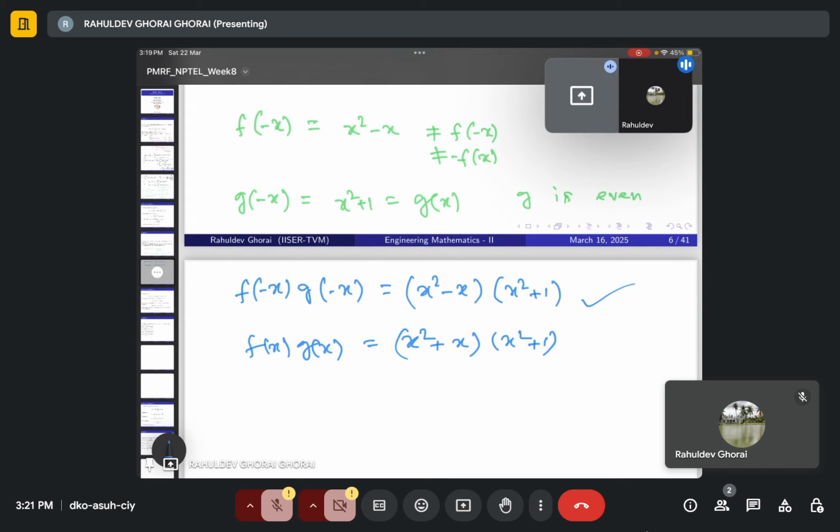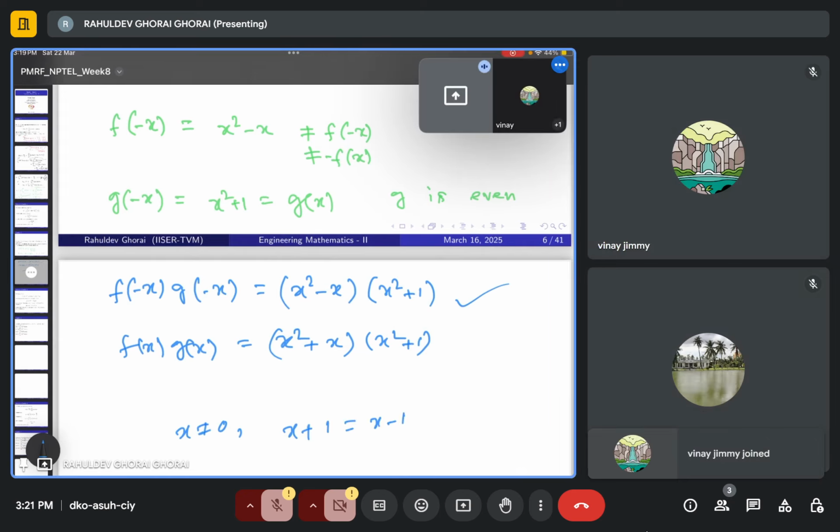If they are equal for x equal to 0, that is true. But if you take some other number, it won't be 0. So for x not equal to 0, if they are equal, then it has to happen that x plus 1 should be equal to x minus 1, which is absurd, right? So this cannot happen, and that's why f(x)g(x) and f(-x)g(-x) are not equal.